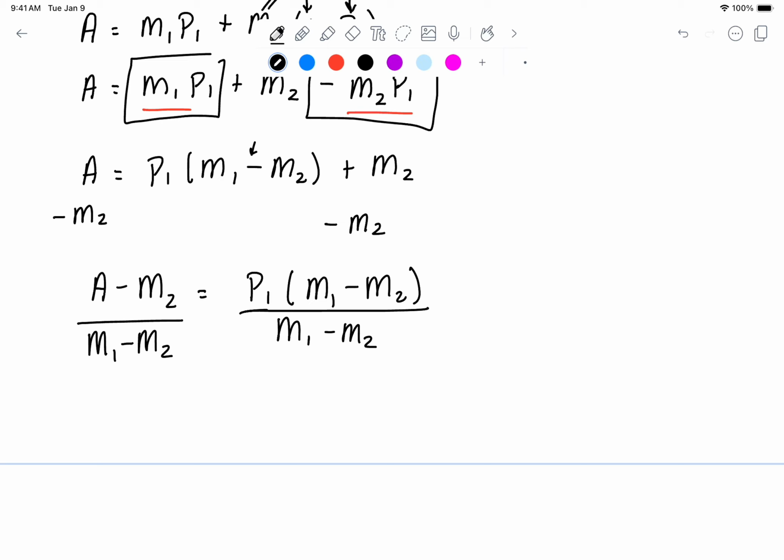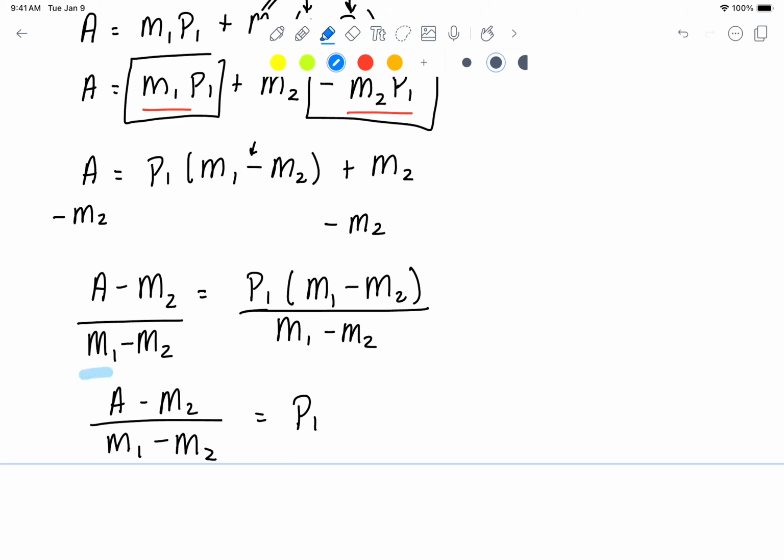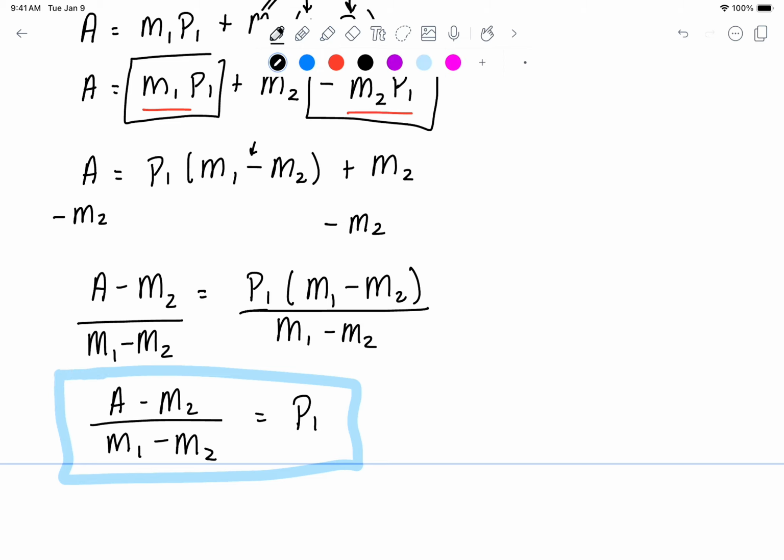So I'm going to divide both sides by M1 minus M2. And we get that A minus M2 divided by M1 minus M2 is equal to P1. So here is that final equation, which if you compare it to your notes in class, looks very similar to what we solved for when we solved for P2.